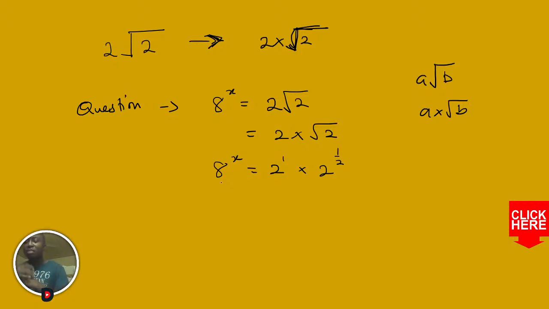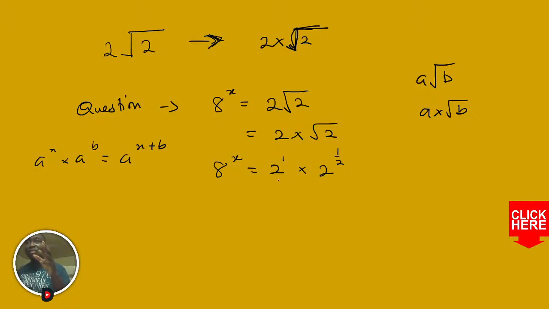Now we'll quickly have to try and get rid of the 8. But one of the principles I mentioned at the beginning of the class, part of the rules of indices, is that a raised to the power b times a raised to the power c equals a raised to the power b plus c.